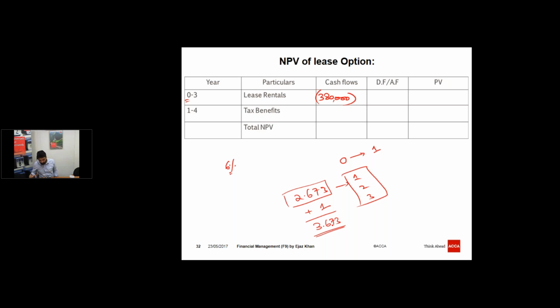The relevant annuity factor for the lease rentals will be 3.673. I hope everybody has got this. Any question?